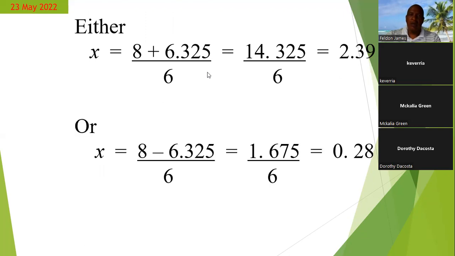Or when you subtract the 6.325 from the 8, then you're left with 1.675. Then you divide by 6, and now you will get 0.28. So those are the 2 answers for X. So X is equal to 2.39 or X equal to 0.28.